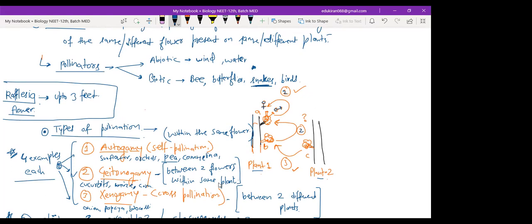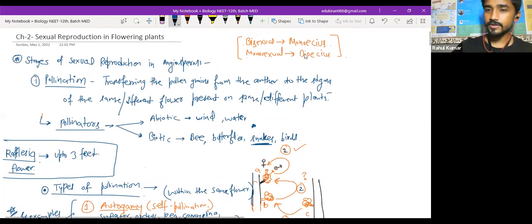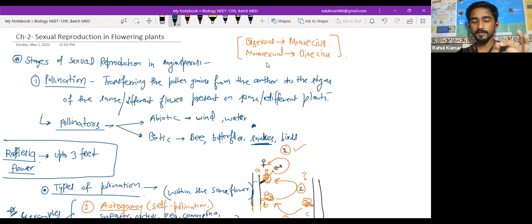Yes. But there was another question in the entrance exam which says that there is a monosexual flower species. Now listen to the question carefully. The flower is monosexual, but both male flower and female flower are present on the same plant.